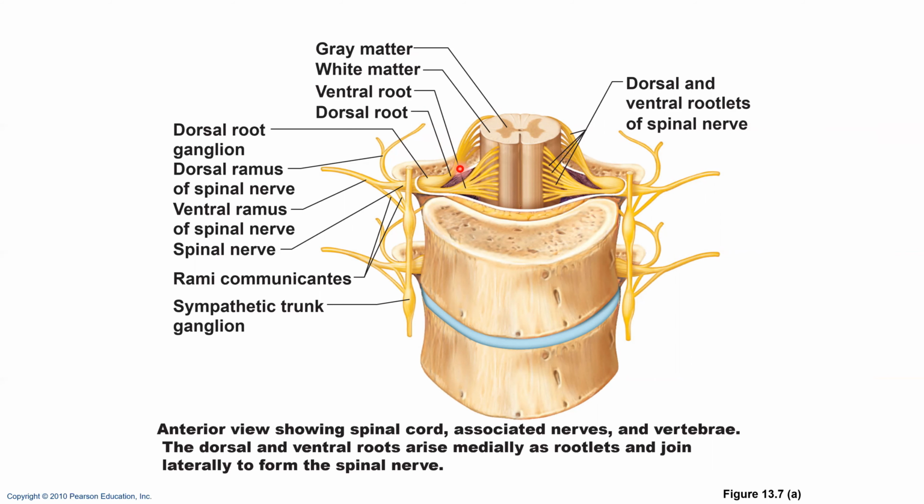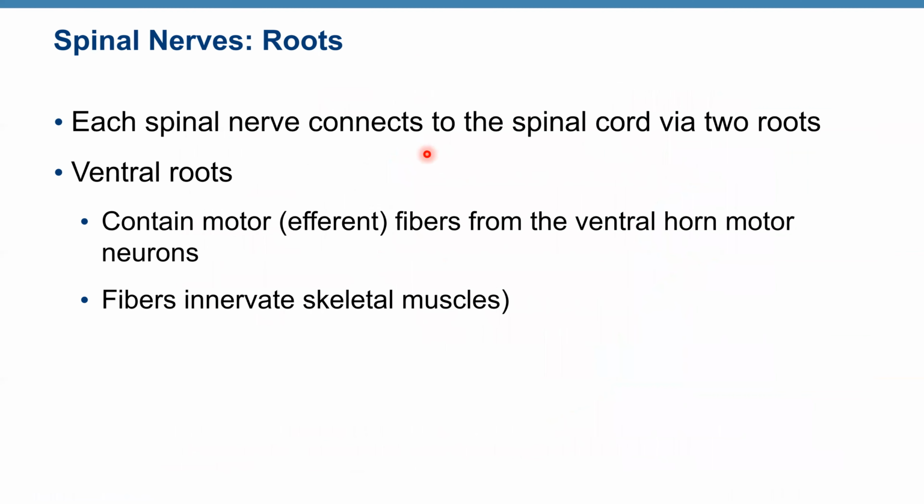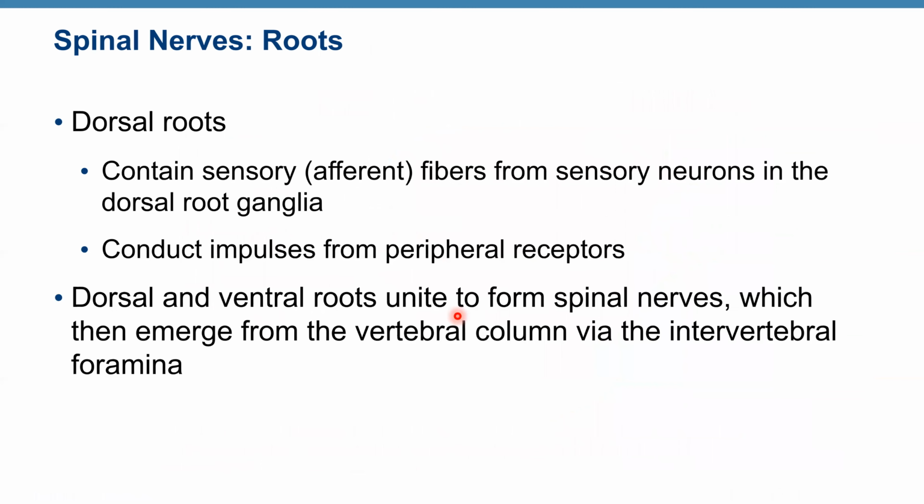So that's a ventral, that's a dorsal. Ventral roots contain motor or efferent fibers from the ventral horn motor neurons, and the fibers innervate skeletal muscles. And dorsal root contains sensory or afferent fibers from neurons in the dorsal root ganglia.